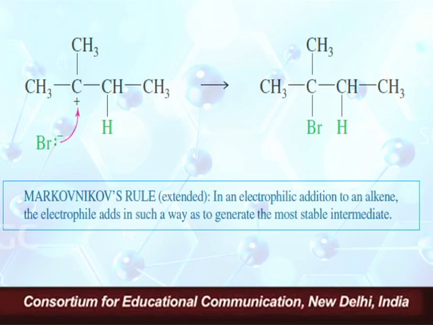So that means the reaction is proceeding along that path which will give rise to the more stable carbocation, and hence now Markovnikov's rule can be extended, and it can be said that in an electrophilic addition to an alkene, the electrophile adds in such a way as to generate the more stable intermediate, which in this case is a carbocation.